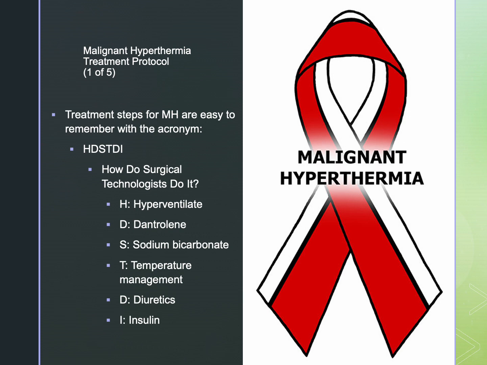We might also lavage with cool irrigation, and all of these are an attempt to reduce the fever associated with MH. D stands for diuretics. The patient is going to be given a mixture of Dantrium and mannitol, and this is going to help increase the kidney function. And then lastly, I is for insulin, which is also used to treat hyperkalemia. Insulin is going to enable the cells to take in glucose, and glucose carries potassium inside the cell with it.